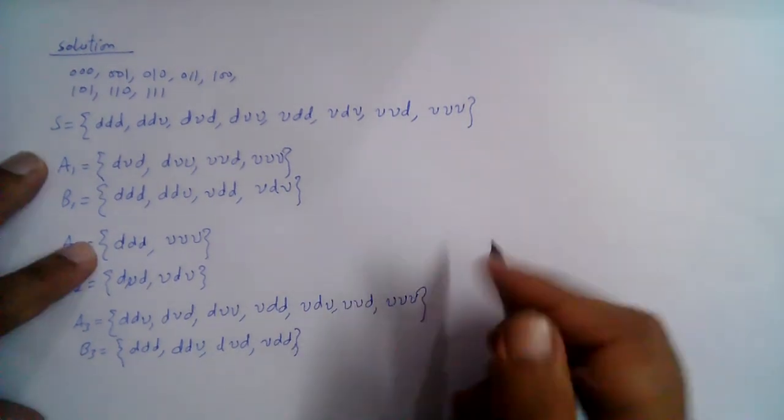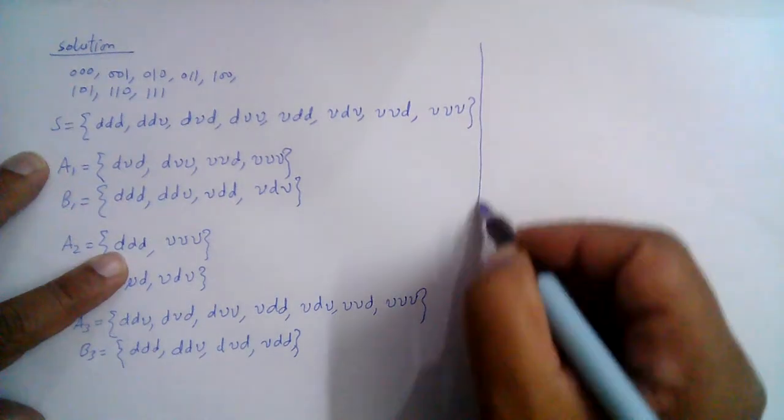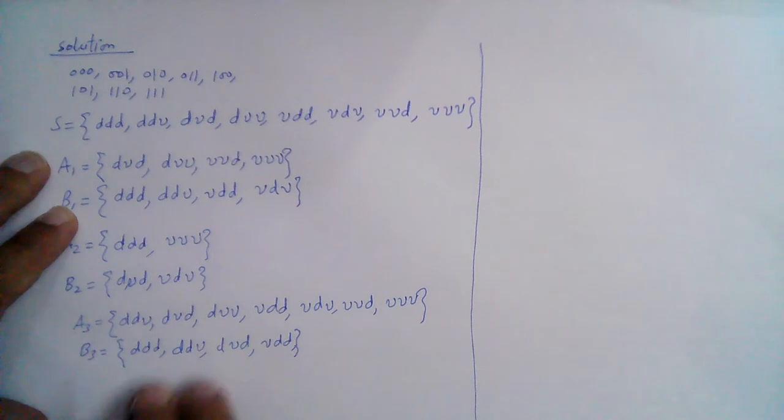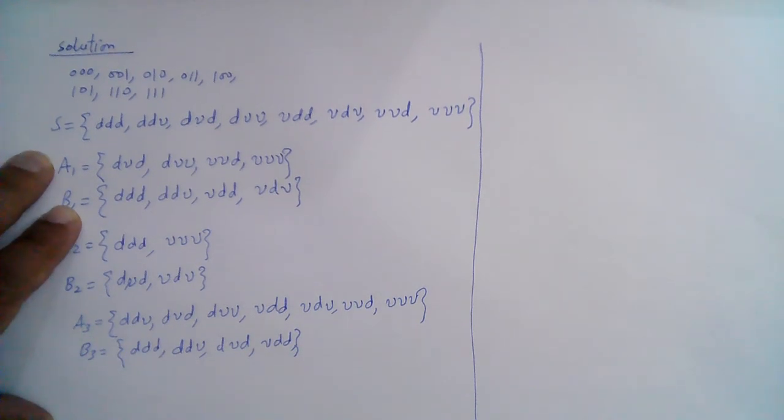So now let us check whether all these combinations of A1, B1, A2, B2, and A3, B3 are mutually exclusive and collectively exhaustive or not, right?